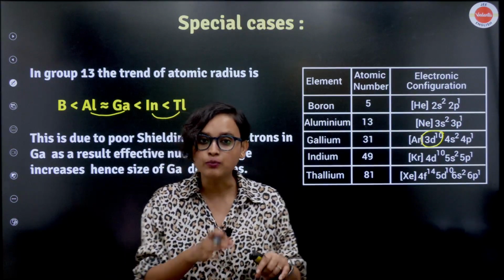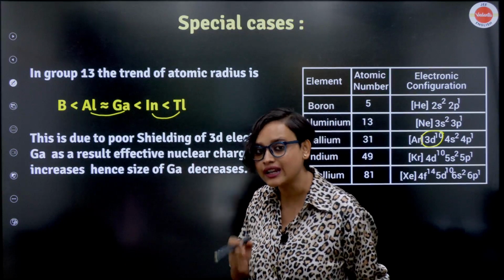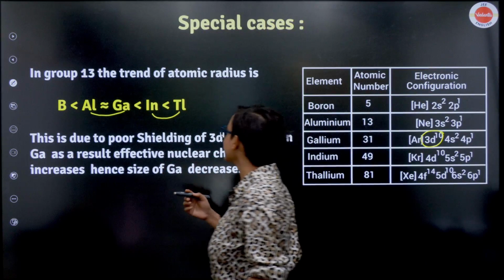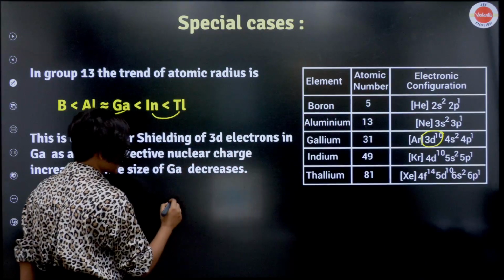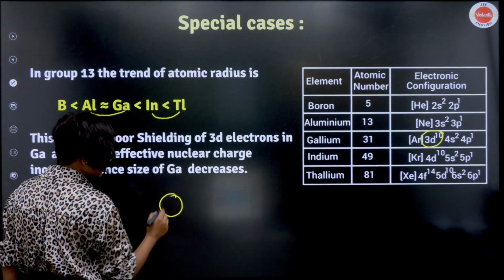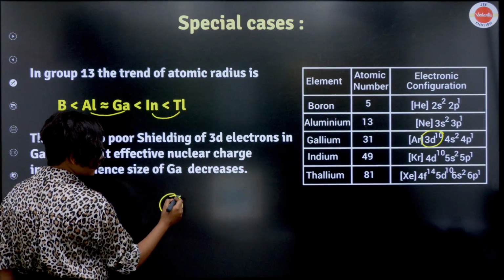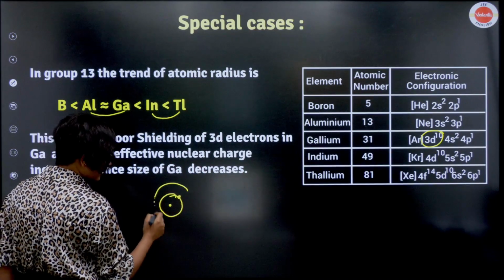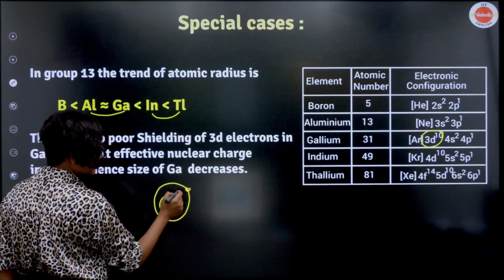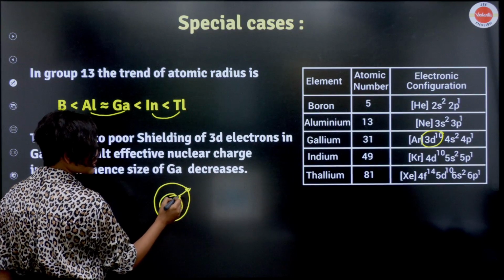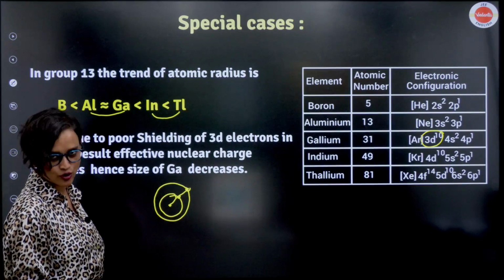So because of the poor shielding effect of the 3d electrons in gallium, understand it even better. The s orbital is spherical, so if the nucleus is here and the electron is here, this electron is completely blinded by the other electron.